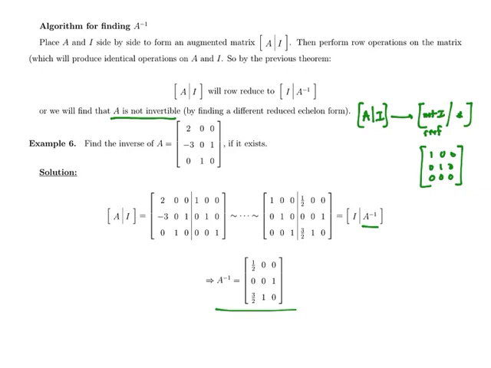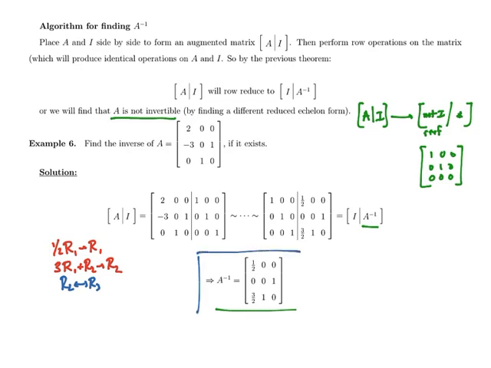Note that we are doing row operations to get from the two matrices together. Those row operations might be 1 half row 1 into row 1, then 3 row 1 plus row 2 into row 2, and then I believe a row 2 switching with row 3 would be the row operations we need to get to that last spot.